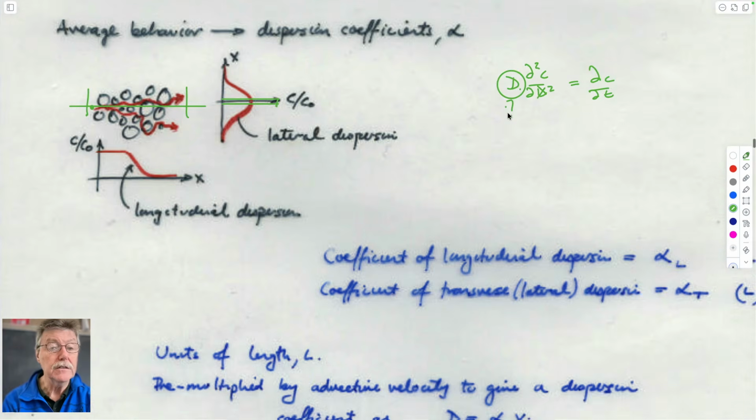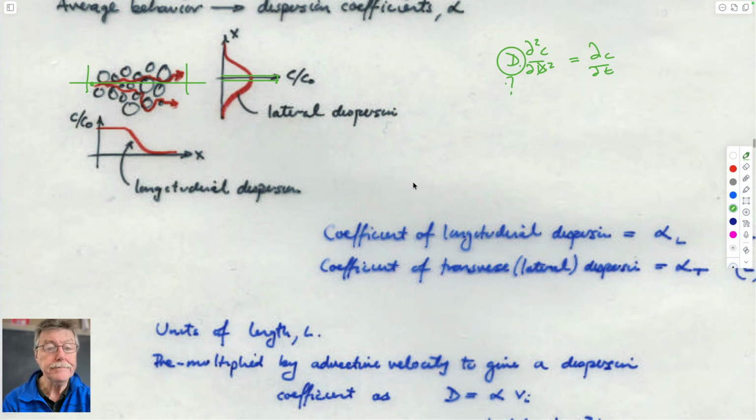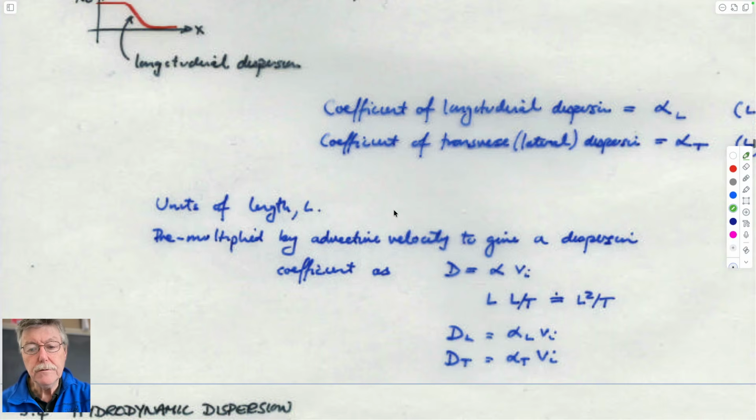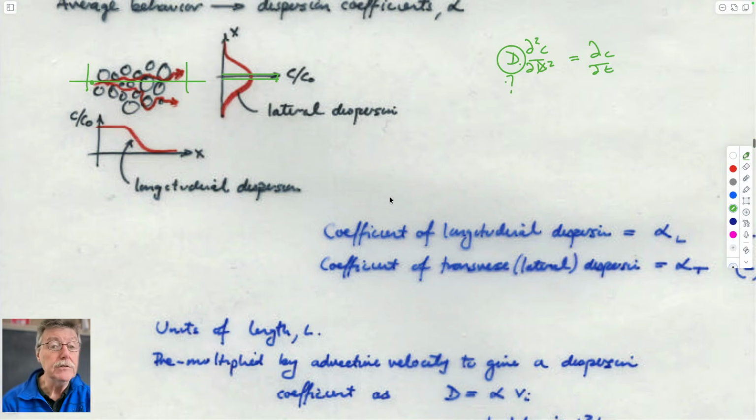So that's really all we're trying to determine. The approach we use is to realize that, as you think, if the water's going through this packed porous medium faster, the spread might be larger in some proportion. We don't know what that would be, but it would make sense that that's the case. Okay.